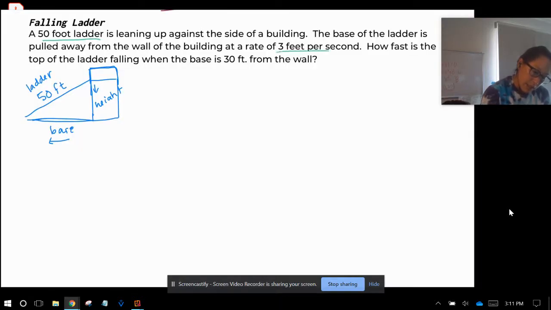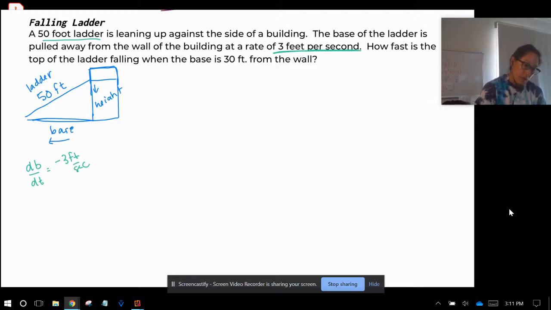I can see that the 3 feet per second, it says, is the base of the ladder being pulled away from the building. So the rate that the base is changing is dB/dt is equal to -3 feet per second.